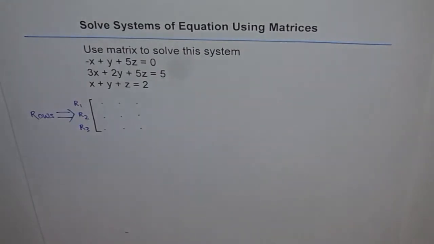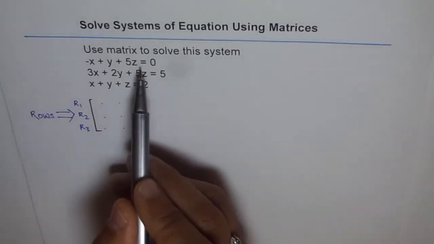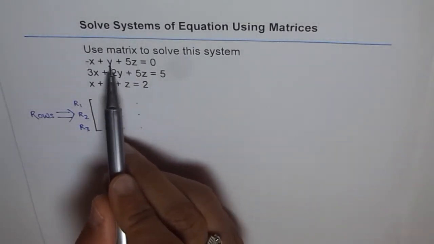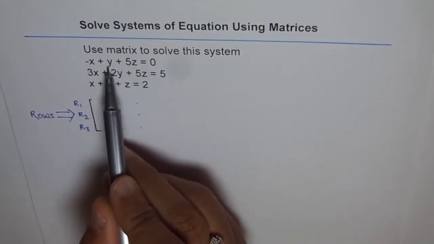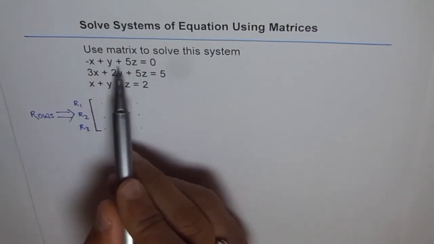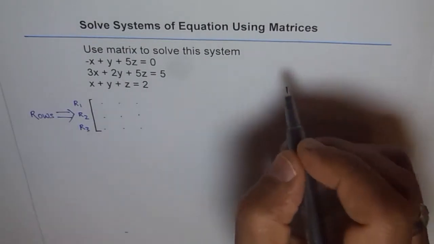Now, one critical thing which I will tell you is, in case the equation is mixed up, x and y may have a 0 coefficient. So there may be some missing terms in between, or we may have constant terms on the left side of the equality. Think about an equation like this.